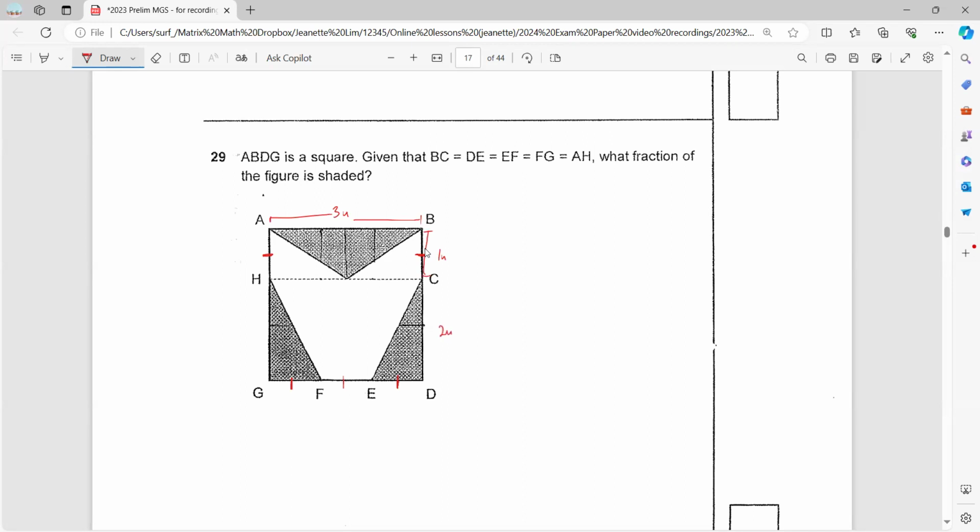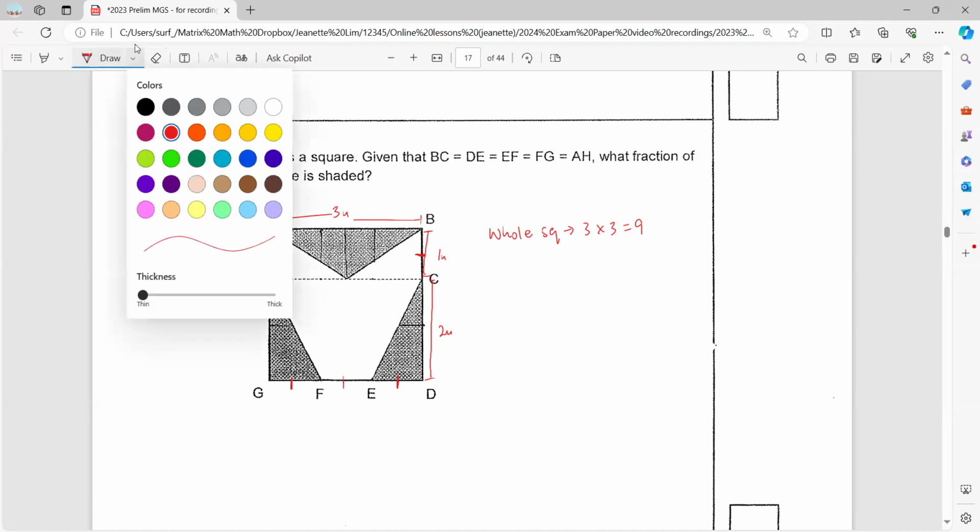That means this is 2 units. So the whole square is 3 times 3, 9.